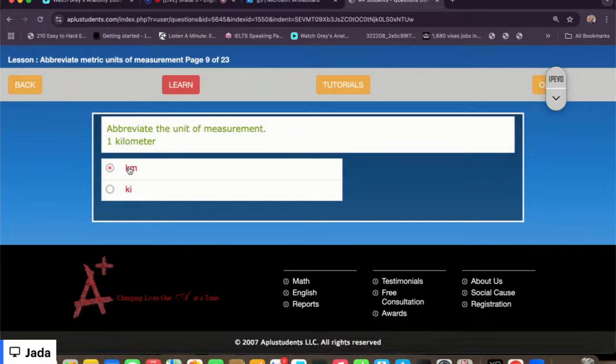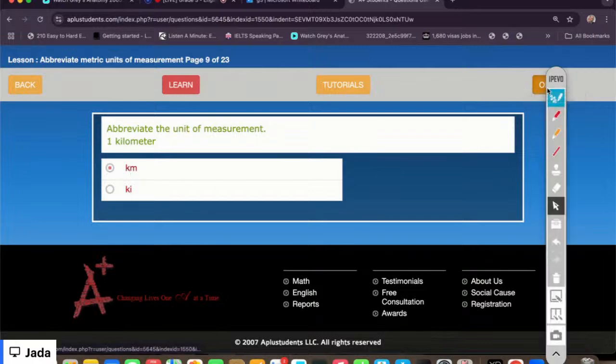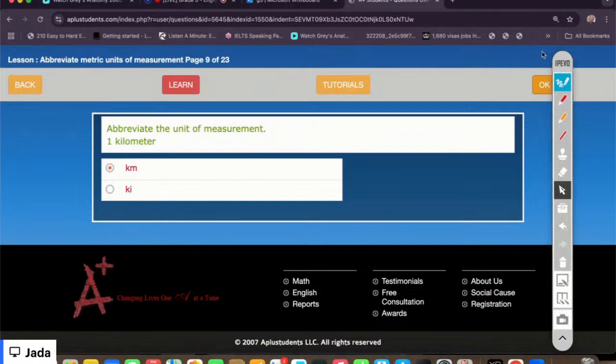Okay, 1 kilometer is km. Okay, so we have km here.